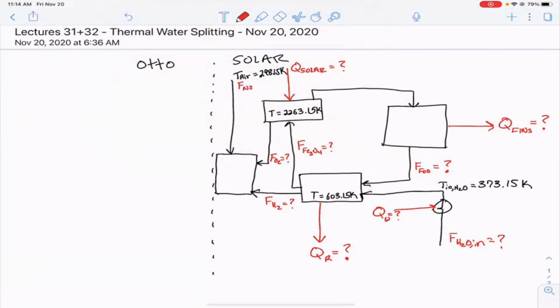And I'm actually going to break this up into the flow rate of nitrogen and the flow rate of oxygen. I just do that because we know later in the Otto cycle, oxygen is going to combust. So we're going to take the combustion of oxygen into consideration, and we're going to do something we haven't done before, and that is look at the composition and the heat of combustion of a fuel instead of treating it like a closed cycle like we have in the past.